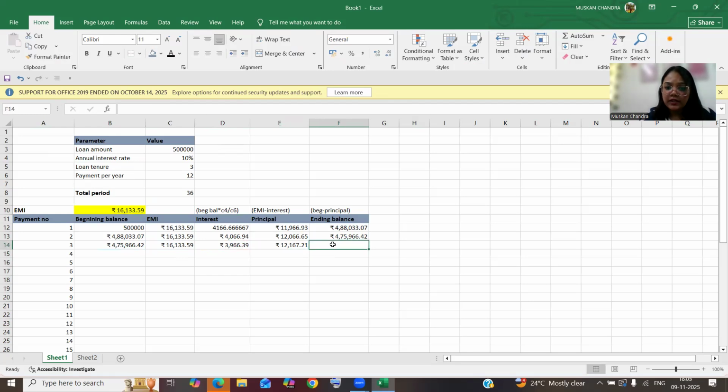Ending balance is equals to beginning minus principal.